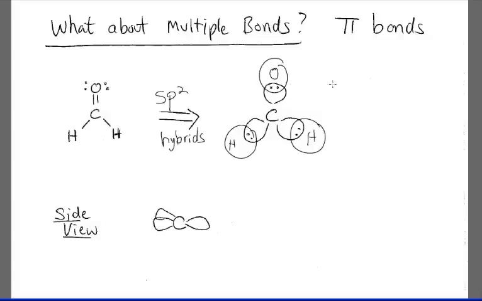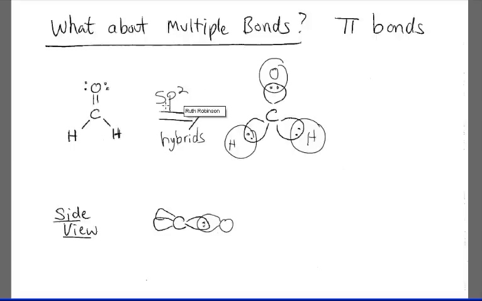In order to see that, we will do a side view. So the carbon is here with its 3 hybrid orbitals, and then we'll put the oxygen over here with its orbital that's overlapping and sharing as a sigma bond, and outside of the plane of the molecule, we have unhybridized p orbitals.